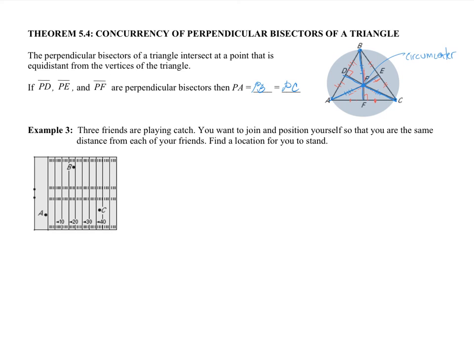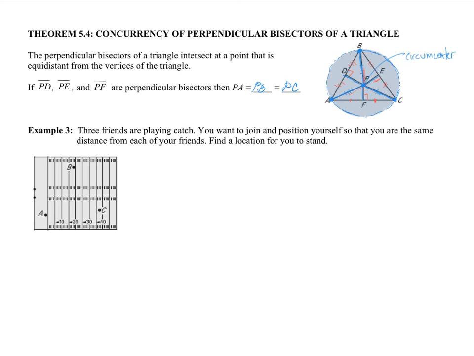And if we use a compass and put the pointy end on the circumcenter and put the pencil end on any of the vertices of the triangle and make a loop, you'll notice that it will create a circle around the triangle, and the circle will also pass through all three vertices of this triangle.